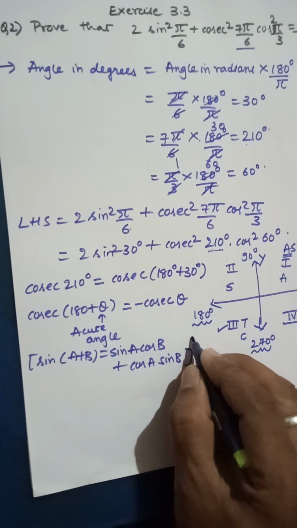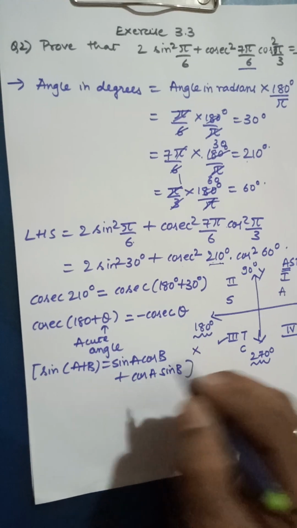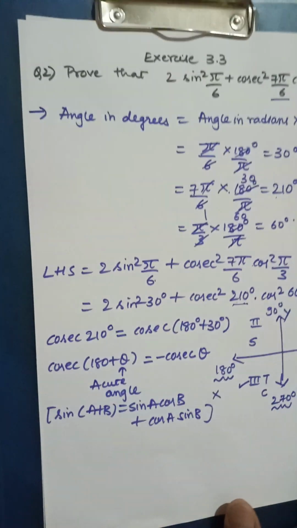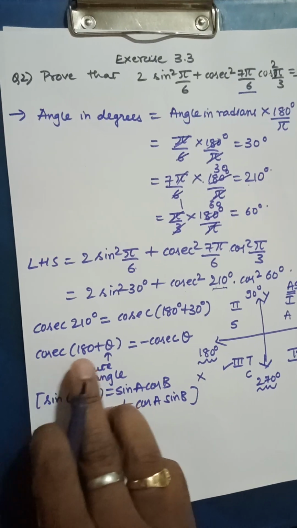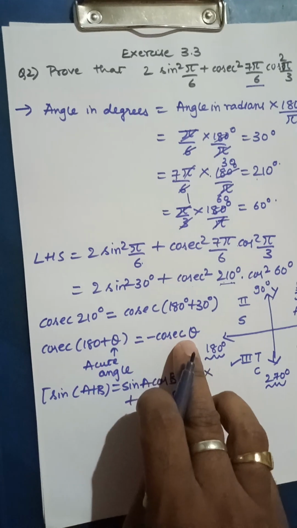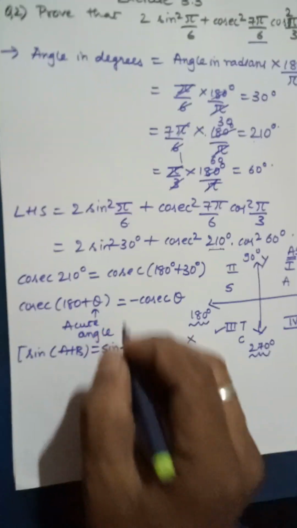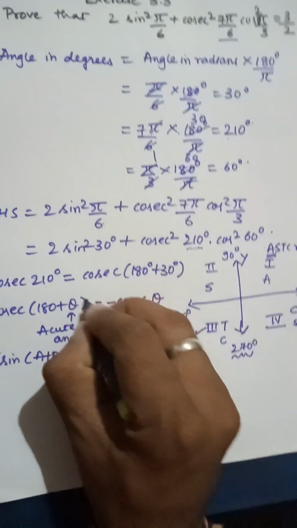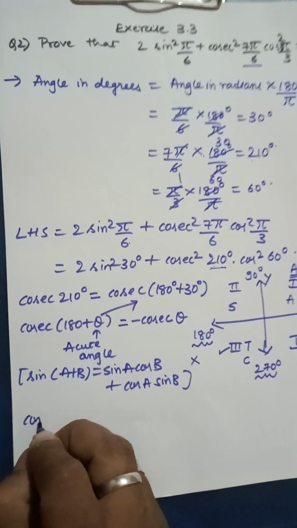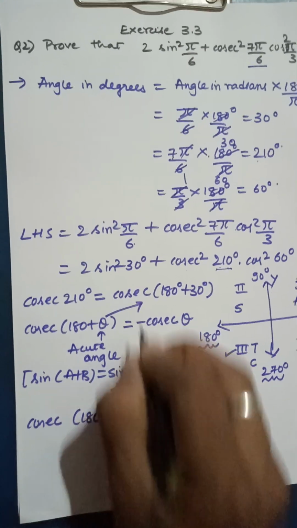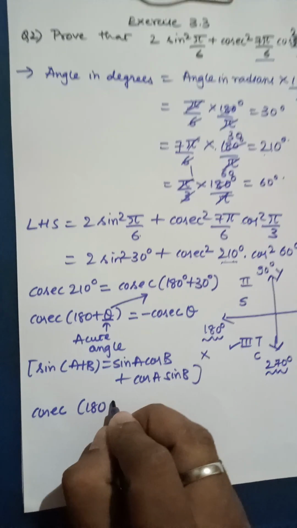So this one we shall see in the upcoming videos, how to prove or how to verify that cosecant 180 plus theta is minus cosecant theta. Now using this here, cosecant 180 plus 30, what is theta here? In place of theta, that is 30 degrees.